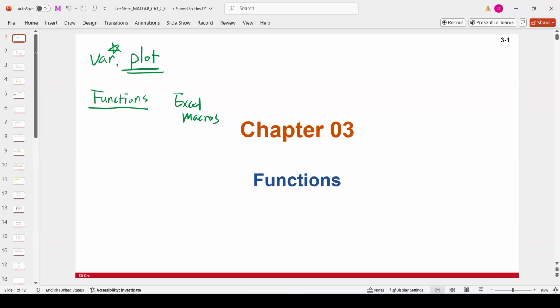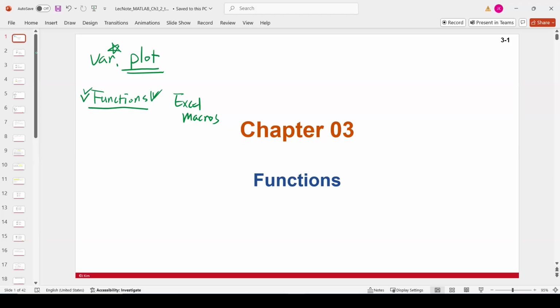So it greatly enhances productivity. Similar to that in MATLAB, not only in MATLAB, but most programming languages, we can create our own function so that we can use it as our own hotkey. Okay, so that's one other thing.